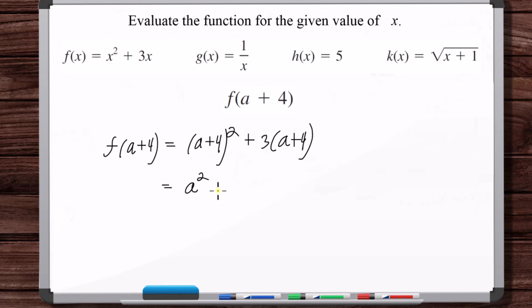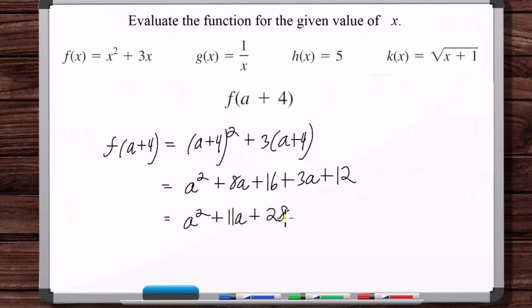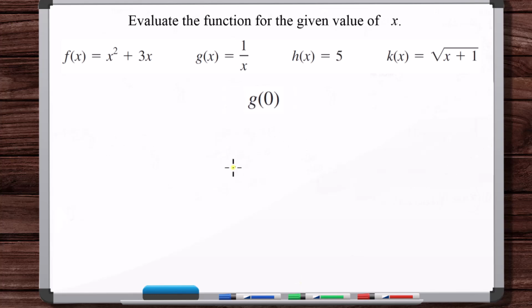So a squared plus 4a plus 4a plus 4 times 4 plus 3a plus 12. Okay, we've got a squared plus 8a plus 3a plus 28.